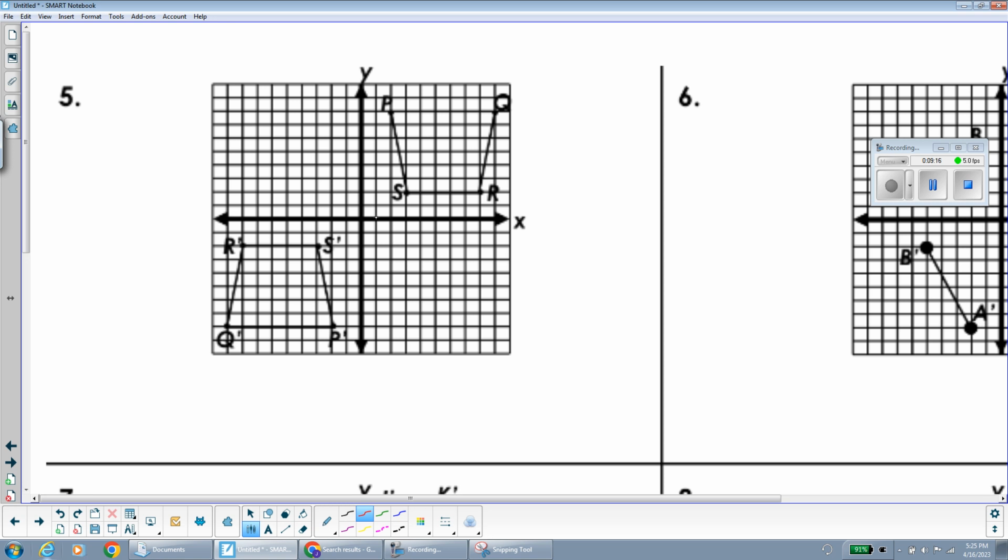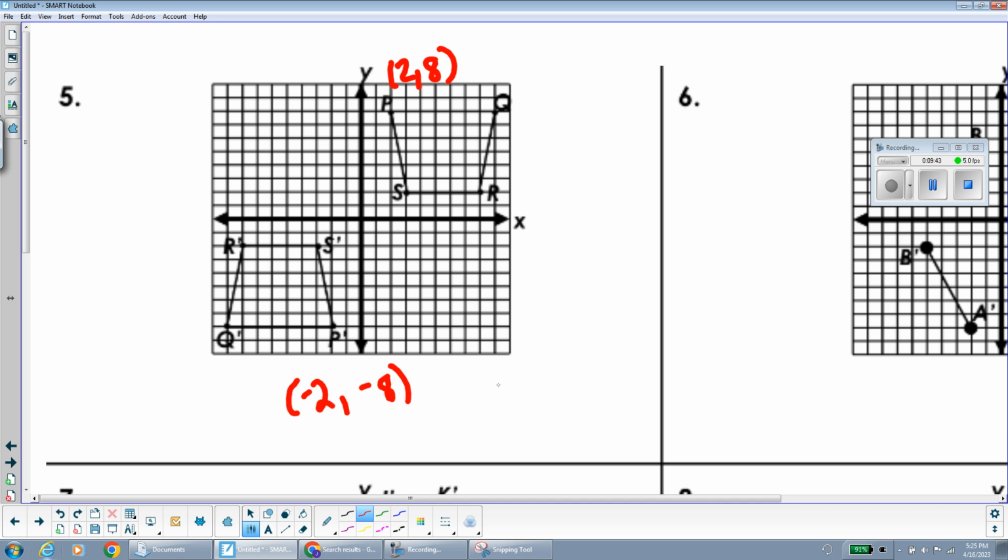Point P is 1, 2, 1, 2, 3, 4, 5, 6, 7, 8. So that's the point 2, 8. And P prime after the rotation is -1, -2, -1, 2, 3, 4, 5, 6, 7, 8. -2, -8. So let's figure out what happened.